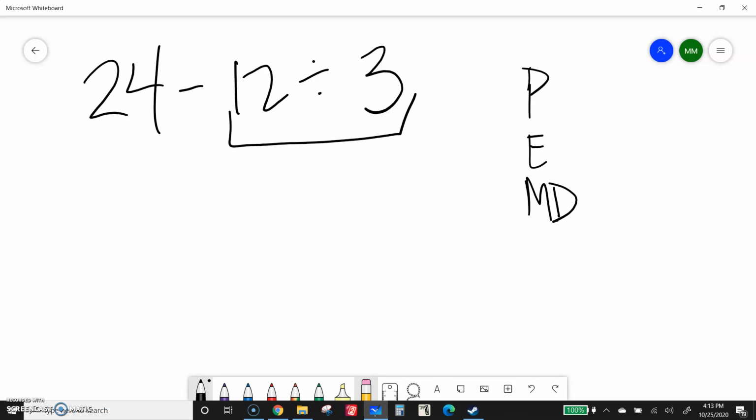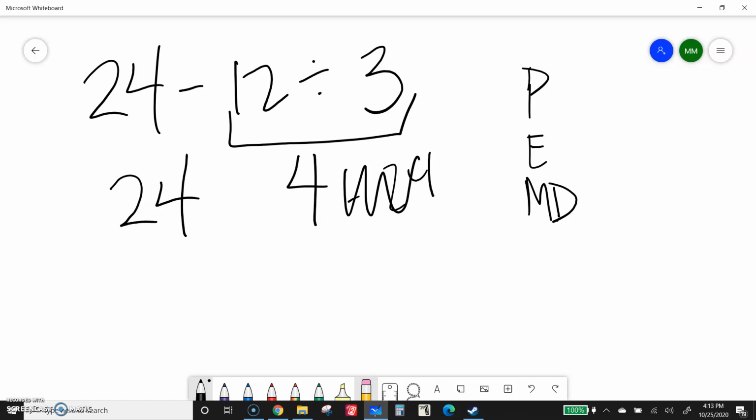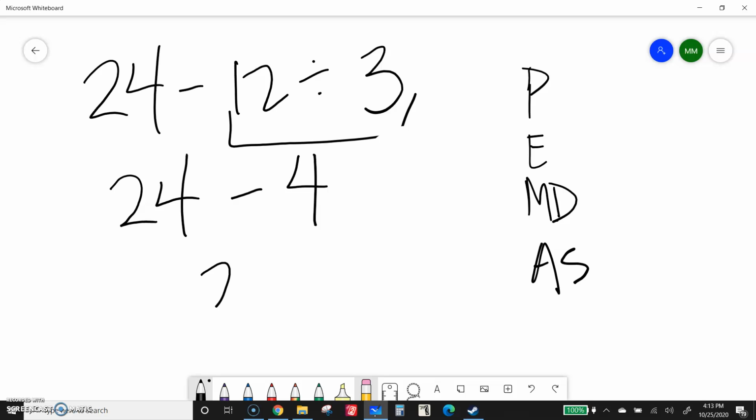So here we have division, so we do that first. 12 divided by 3 is 4. Now this is when it's important that I keep things in the same order. I don't want to write minus 24 at the end, because that's not where it comes. It comes at the beginning, so it needs to stay at the beginning. So I have 24 minus 4. Now I'm to adding and subtracting. So I get 20.